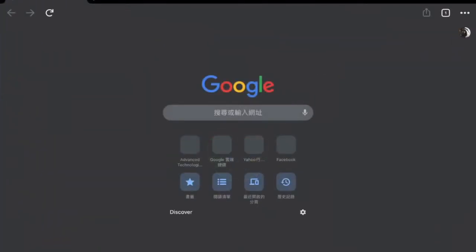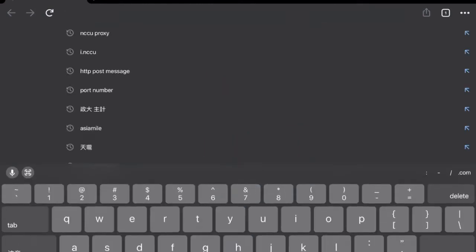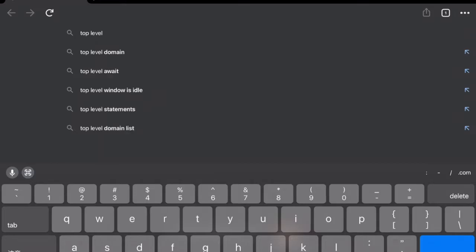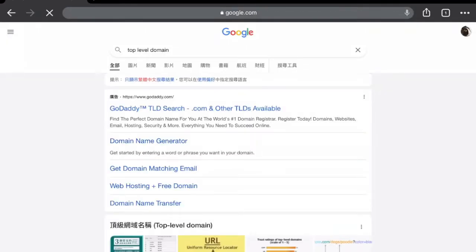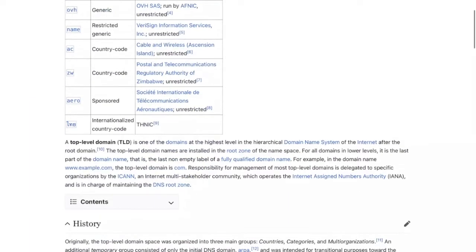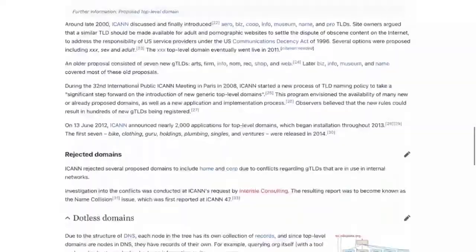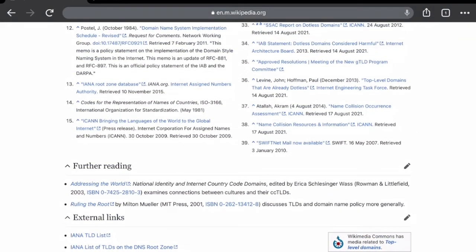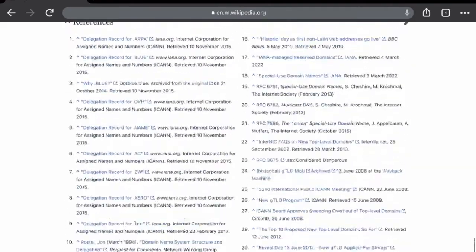For example, you can simply search for top level domain, and you can find Wikipedia right here, and you can see that there is a list right here.